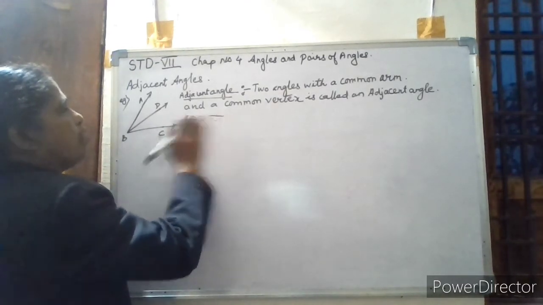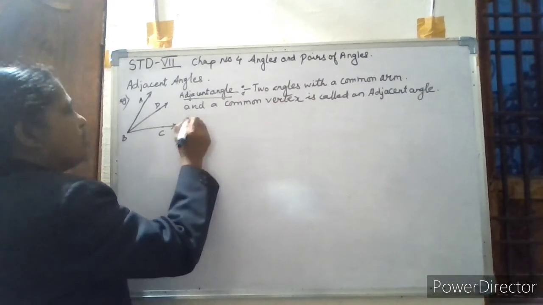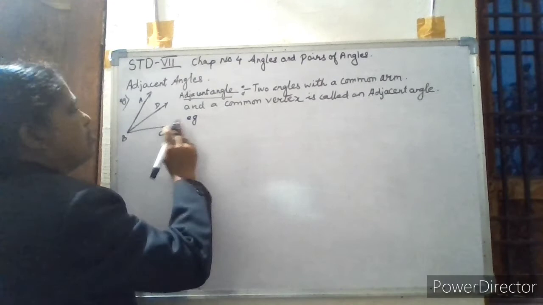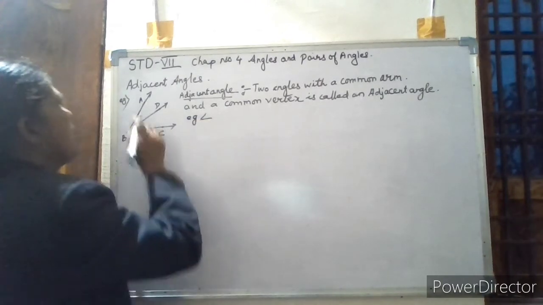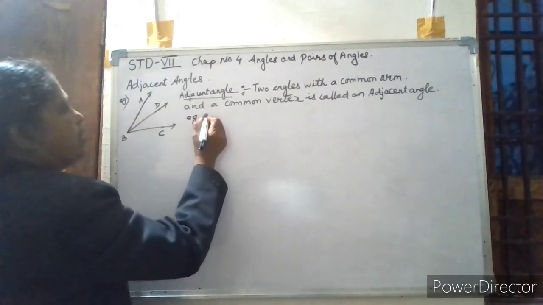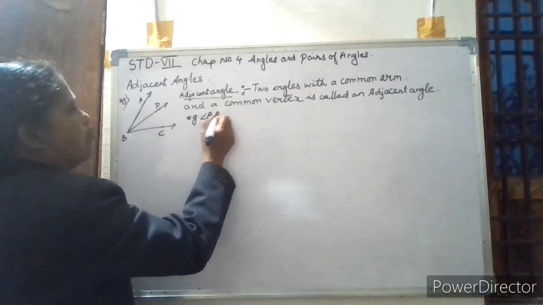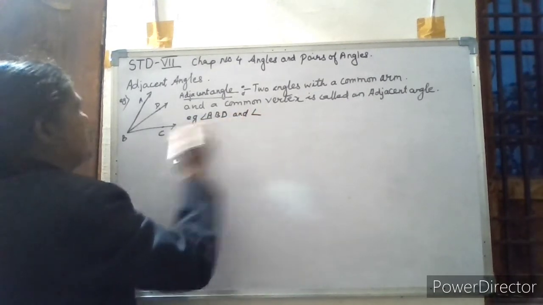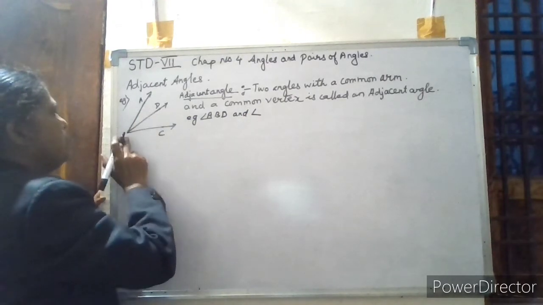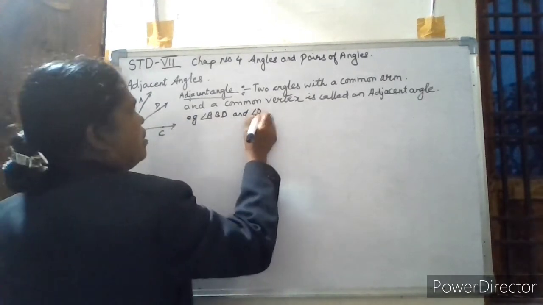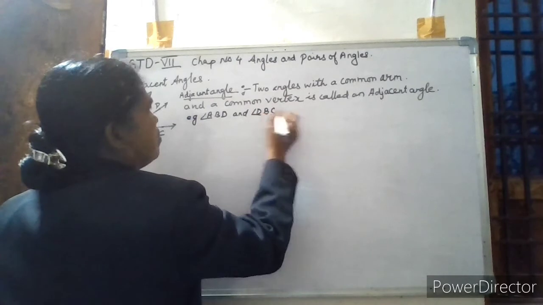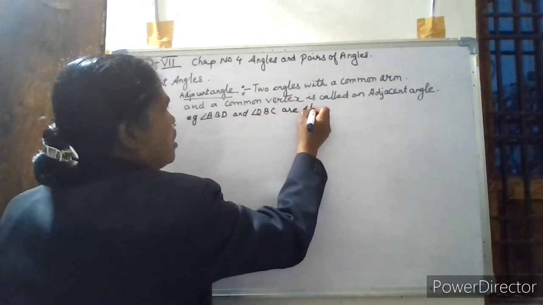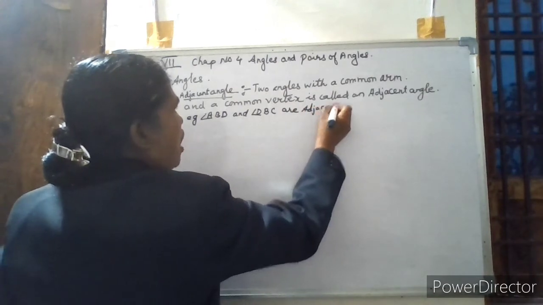First we will take an example of adjacent angles. Angle ABD and angle DBC are adjacent angles. They are called adjacent angles.